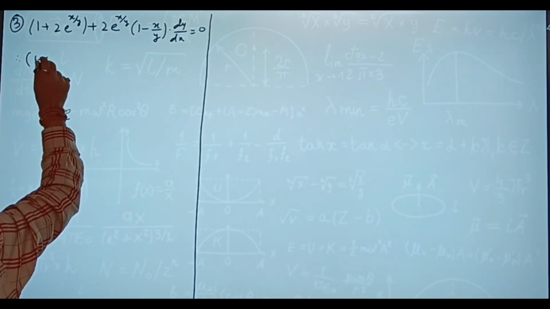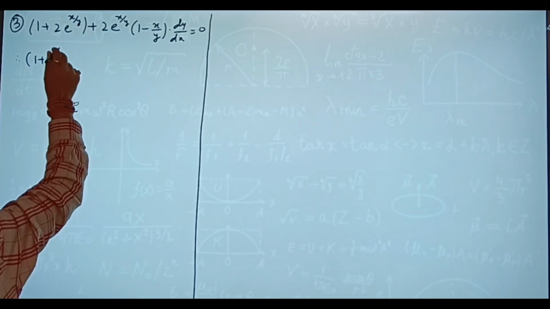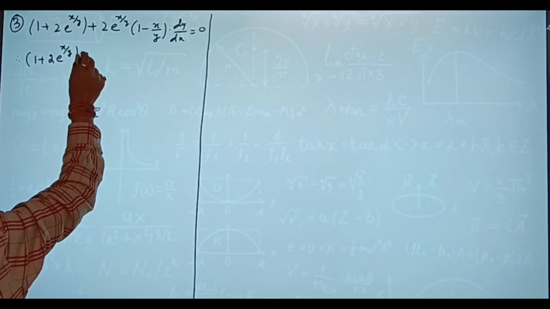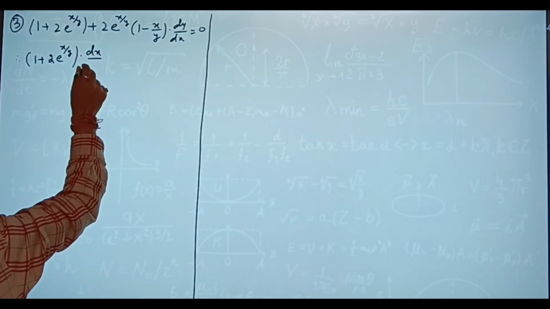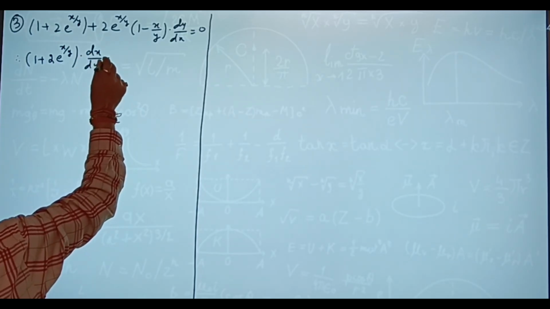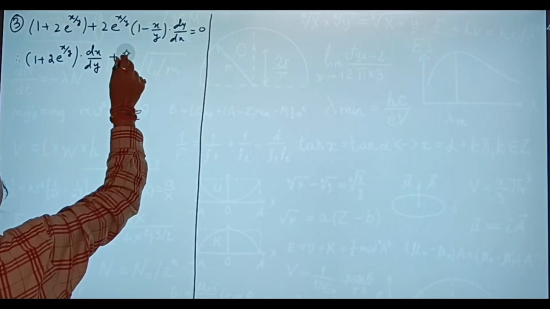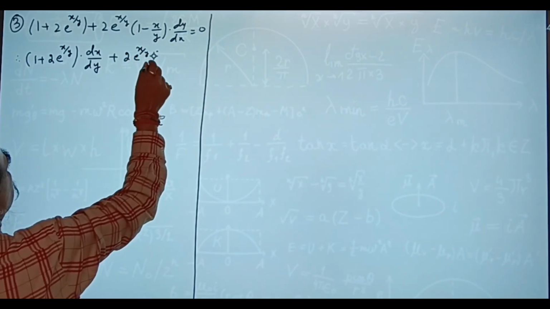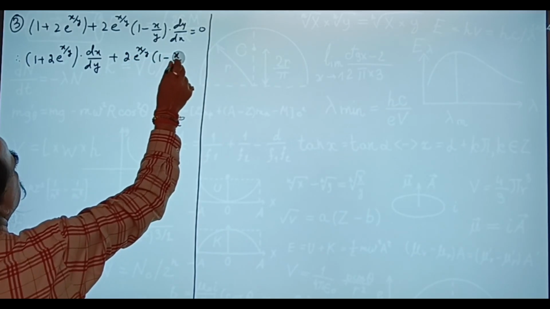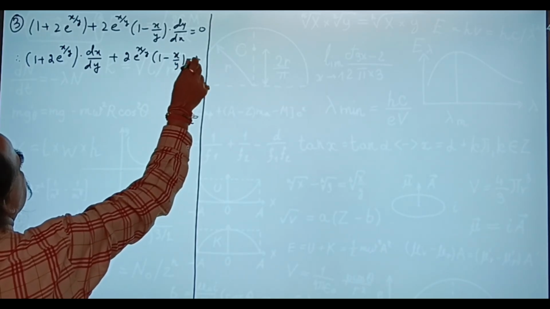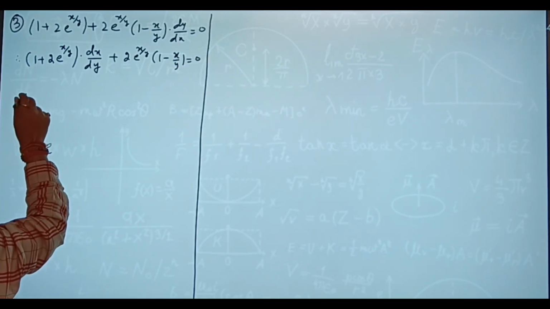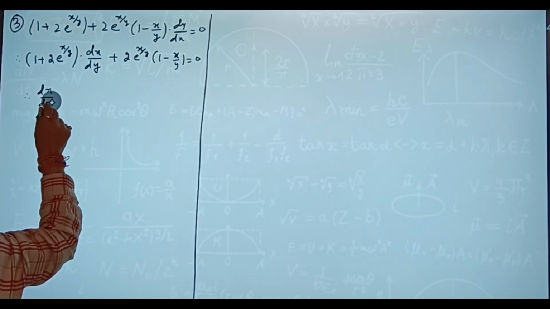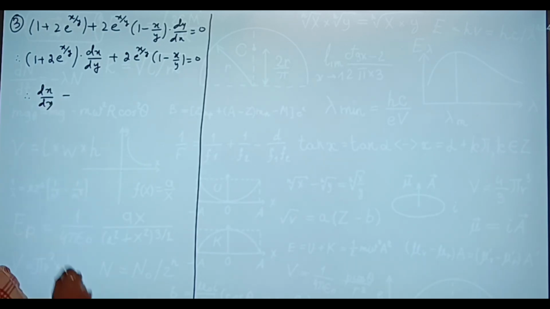So (1 plus 2 e raised to x by y) into dx by dy plus 2 e raised to x by y into (1 minus x by y), divided by this.